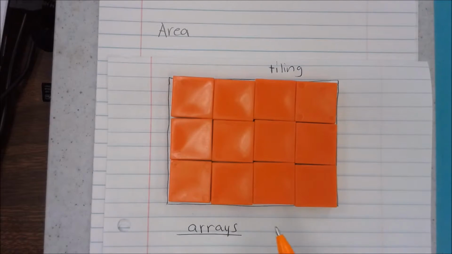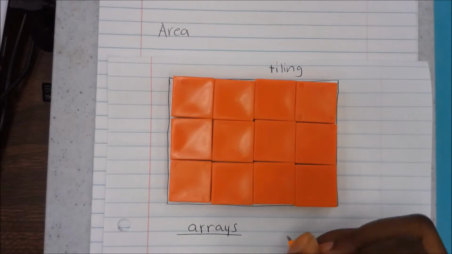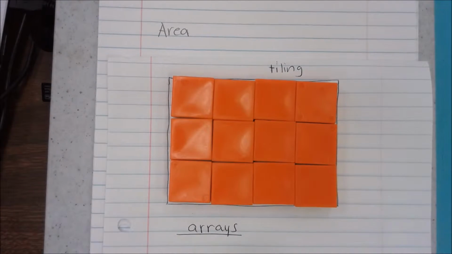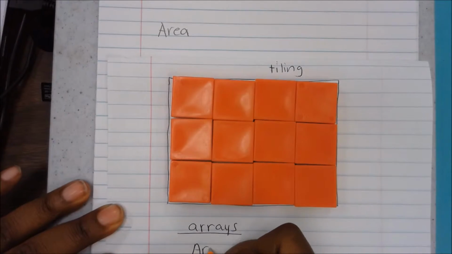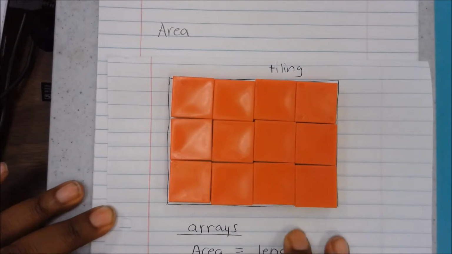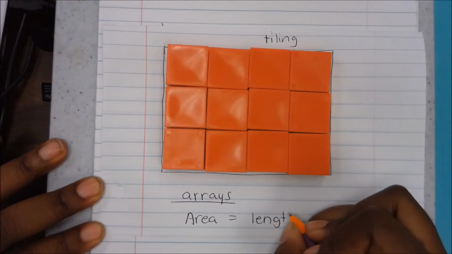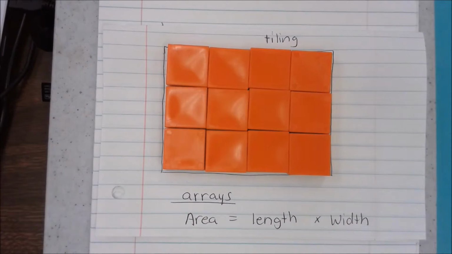And if you're thinking, well, if it's an array of 3 rows of 4, that's like saying 3 times 4, that's exactly what we're doing, because area equals length times width. That's the formula.